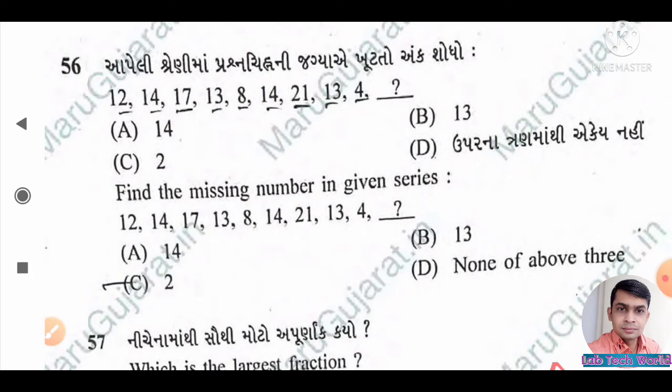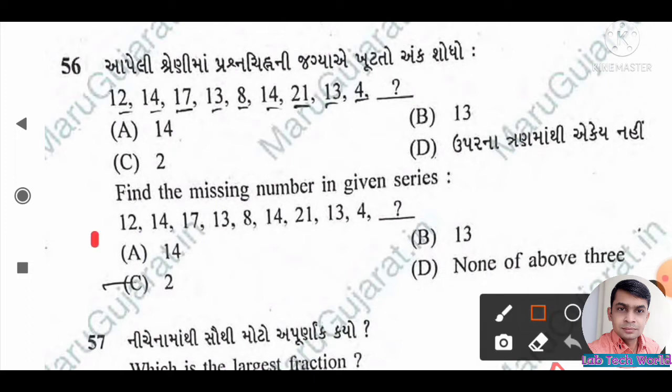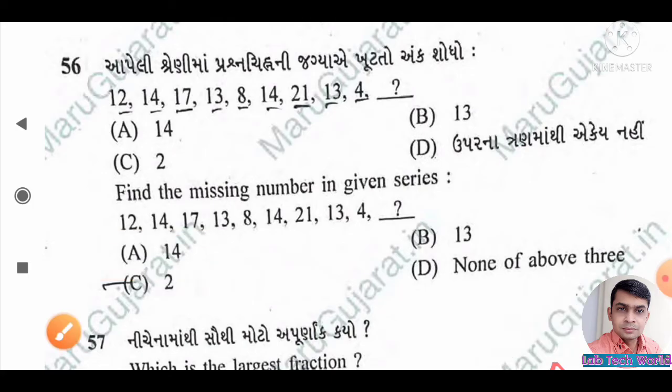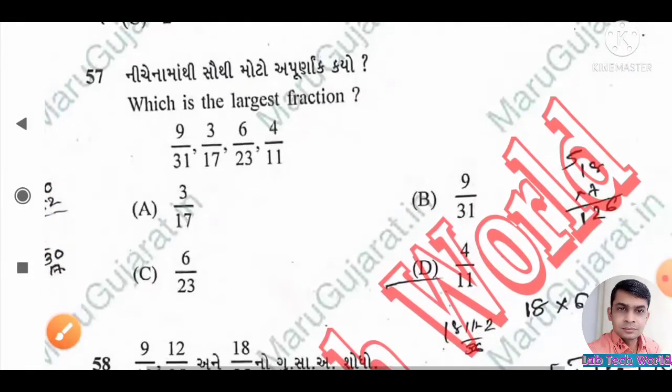And the correct answer for this question is A, 14, the next number that comes after 4 in the blank. Here I will not try to solve all the mathematics problems, but I will tell you the correct answer for each question. Move to the next question, number 57.